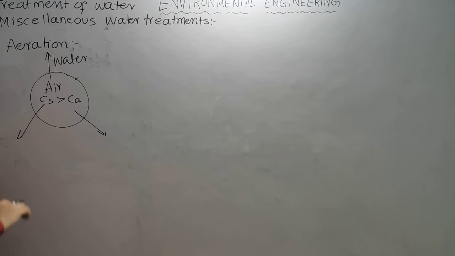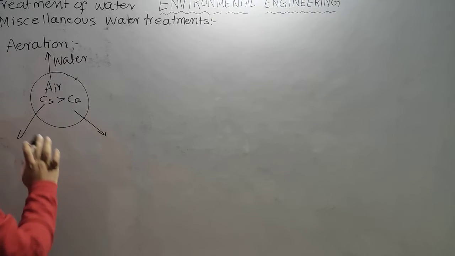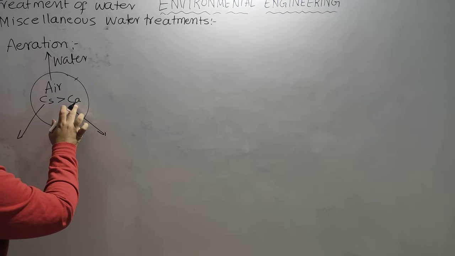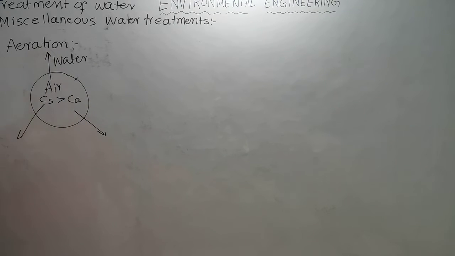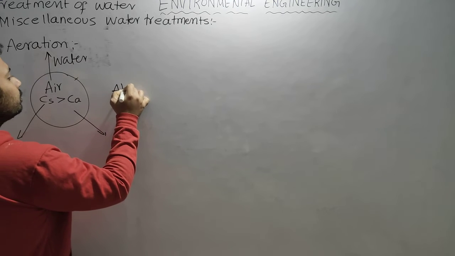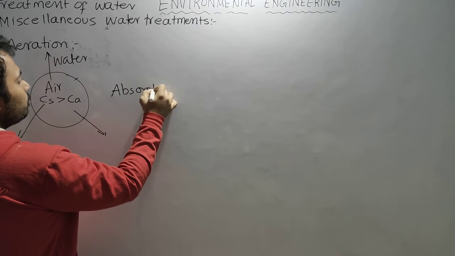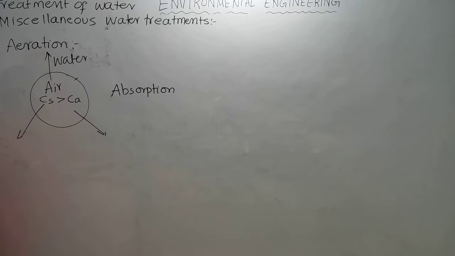So Ca, the actual concentration, is less than the saturation concentration. Whenever the actual concentration is less than the saturation concentration, then absorption will happen.